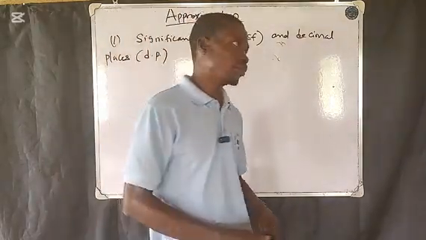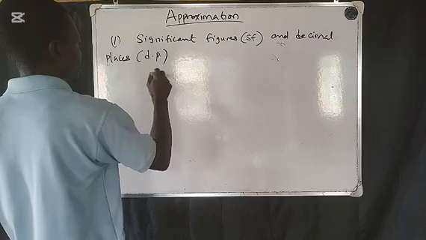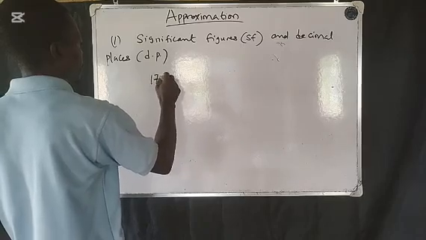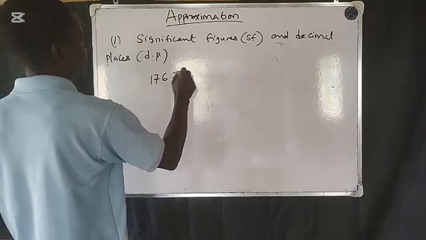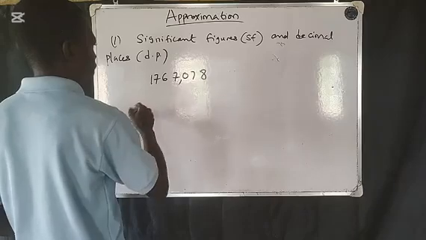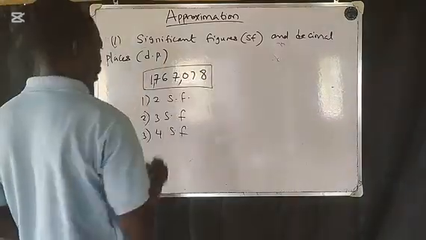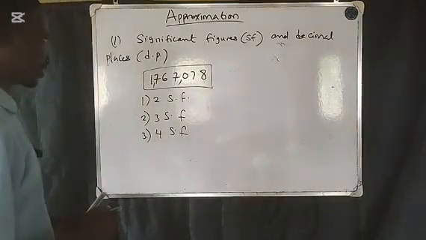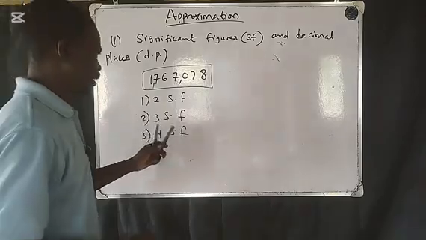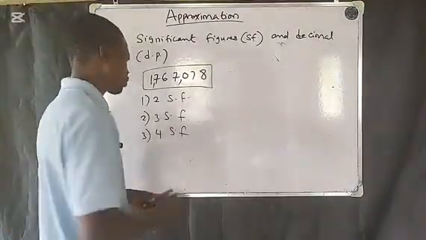Let's take some examples. For example, we can have a number like this. Let's approximate it to two significant figures, three significant figures, then four significant figures.